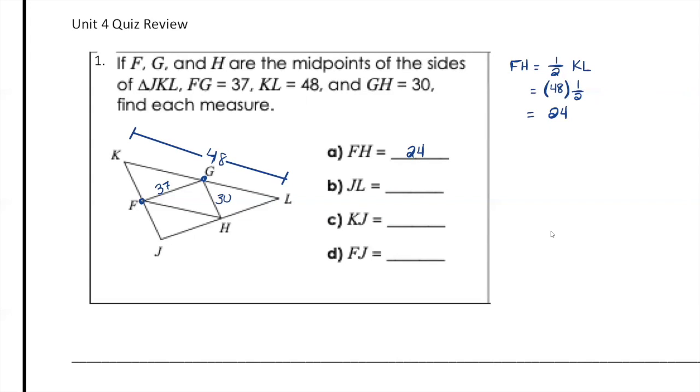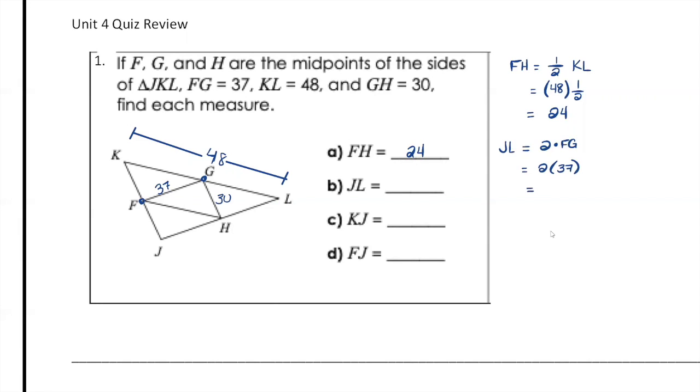What are we going to do for JL? Yep. JL is 2 FGs. The midsegment, if we're finding the side, we multiply the midsegment by 2. If we're finding the midsegment, we divide the side in half. So 2 times 37.